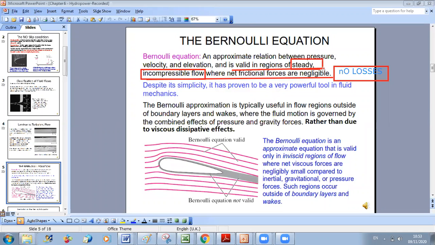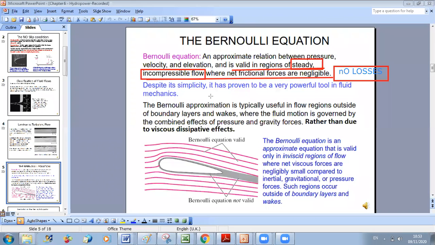There is a Bernoulli equation for transient conditions, but the familiar Bernoulli equation is for steady flows. Also, because we don't have losses, this means that we are far from what? We are far from boundary layers and far from viscous zones, because viscous effects are equivalent to resistance, to friction.